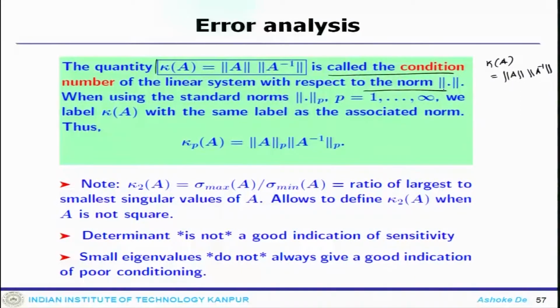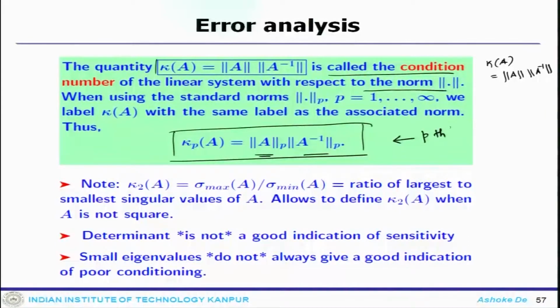When you use the standard p-norms, 1, 2, 3 to infinity, the p condition number for the pth norm of A can be written as the pth norm of A times the pth norm of A inverse. So, p can go from 1 to n.